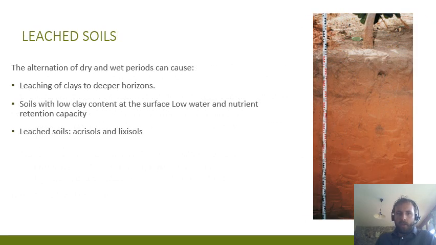These are the typical orange-red soils. Then you have the leached soils, the acrisol or the lixisol. You can find them mostly in the areas where you have an alternation of dry and wet seasons. Because of this alternation of wet and dry, you had the leaching of clays to deeper horizons. So it means it's a soil with a low clay content on the surface, and thus you have a low water and nutrient retention capacity.